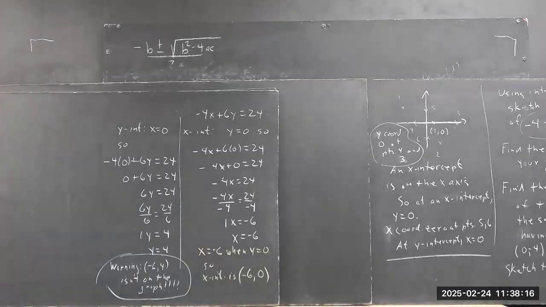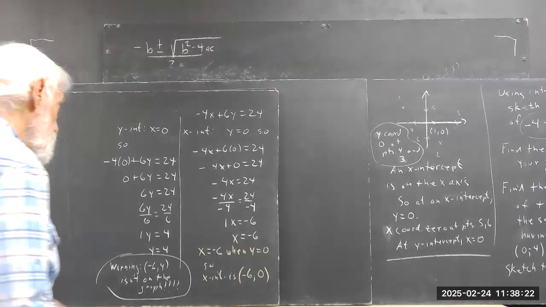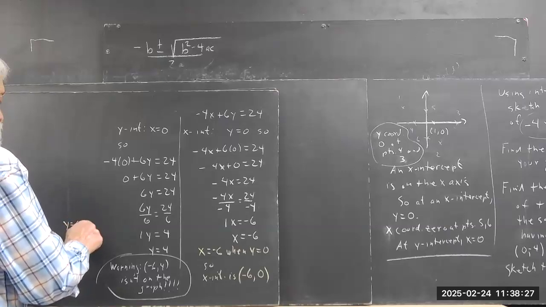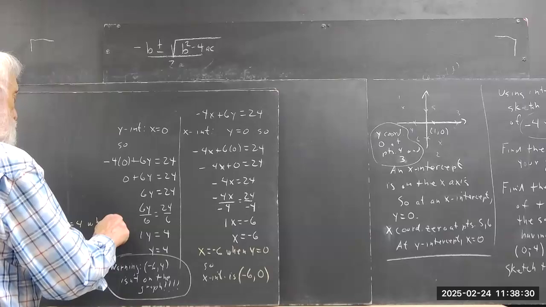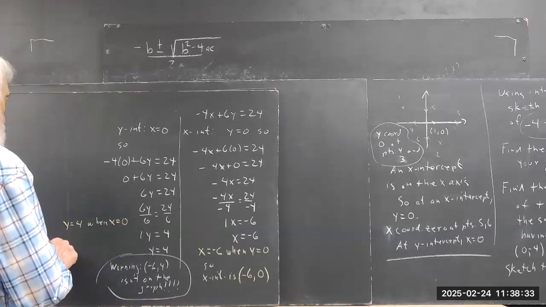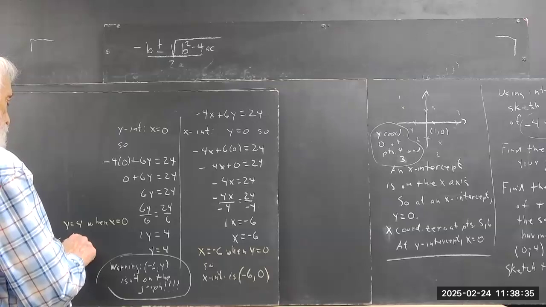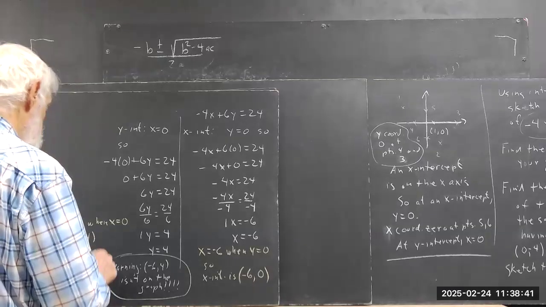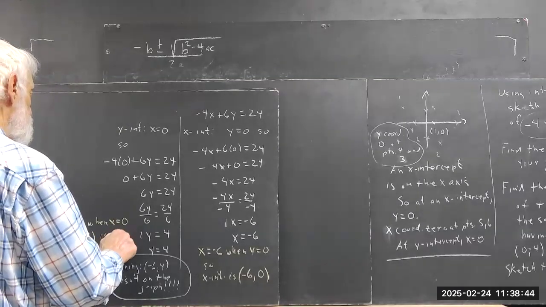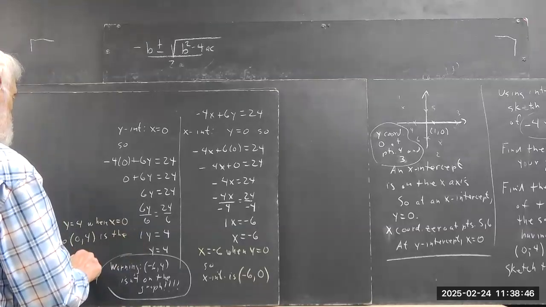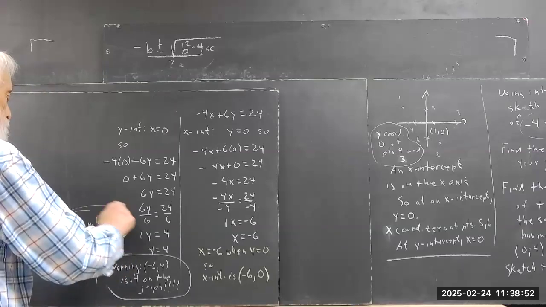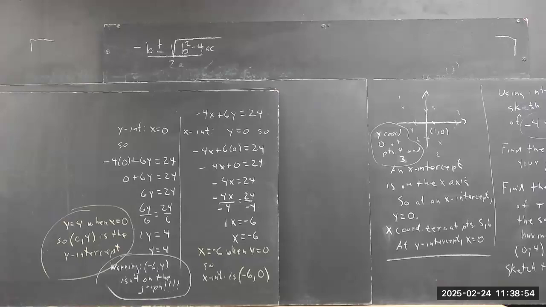So the x-intercept is negative 6, 0. Okay? And over here, makes sense?